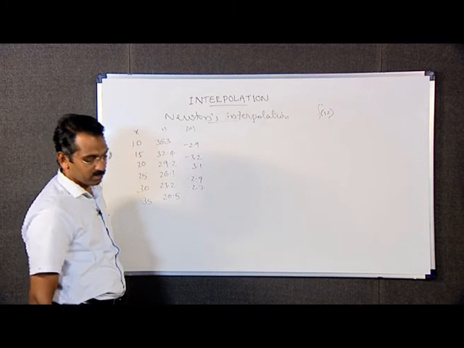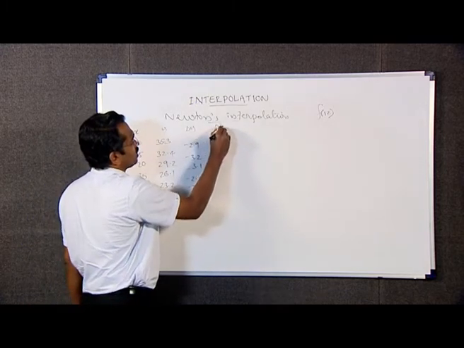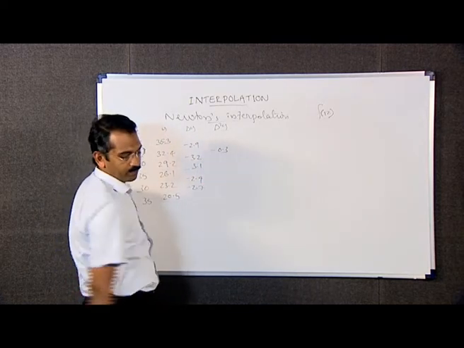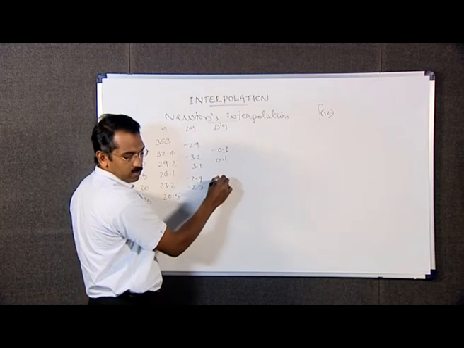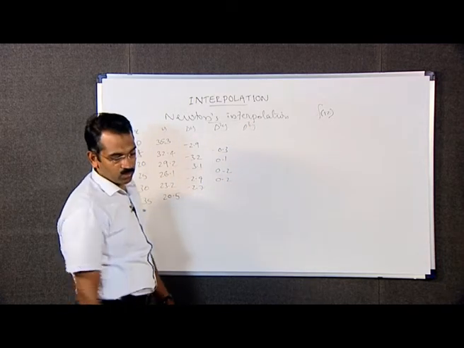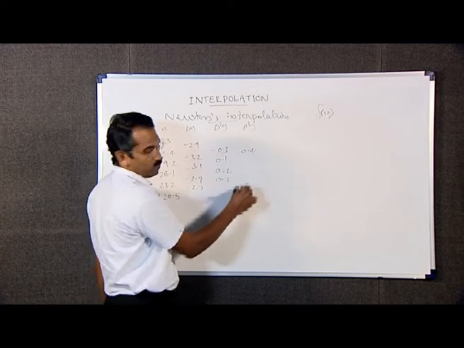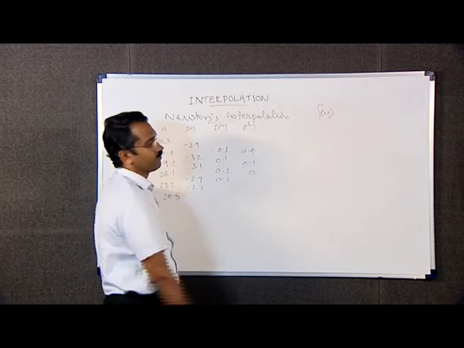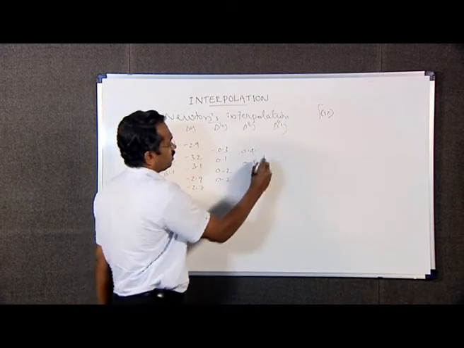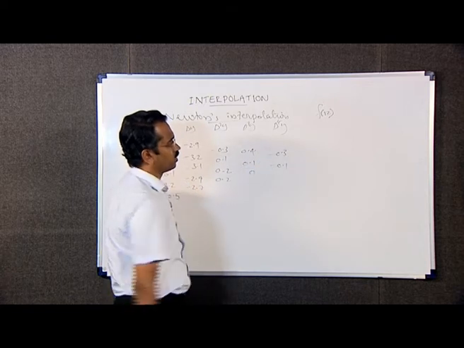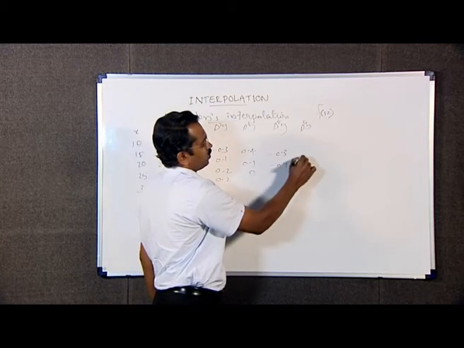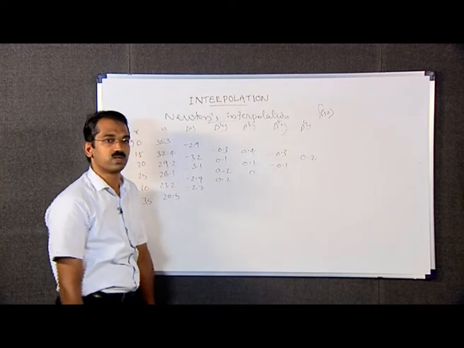We calculate all the first differences, and the second differences are delta square y: negative 0.3, 0.1, 0.2 and 0.2. The third differences are delta cube y: 0.4, 0.1 and 0, and the fourth differences are minus 0.3 and negative 0.1. The fifth difference is 0.2. This is the corresponding difference table.